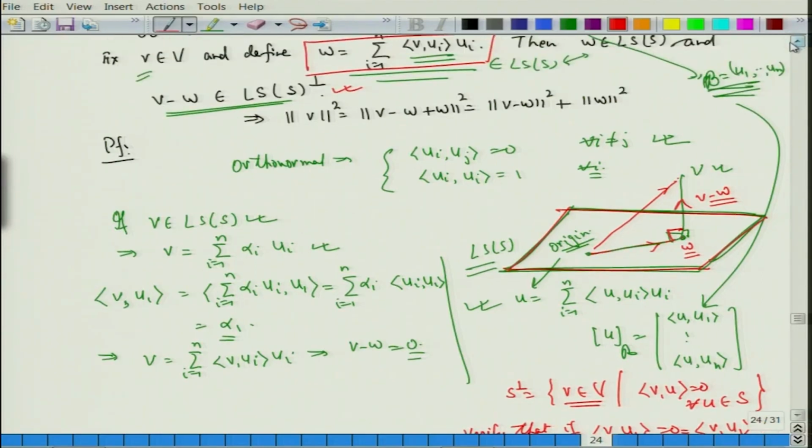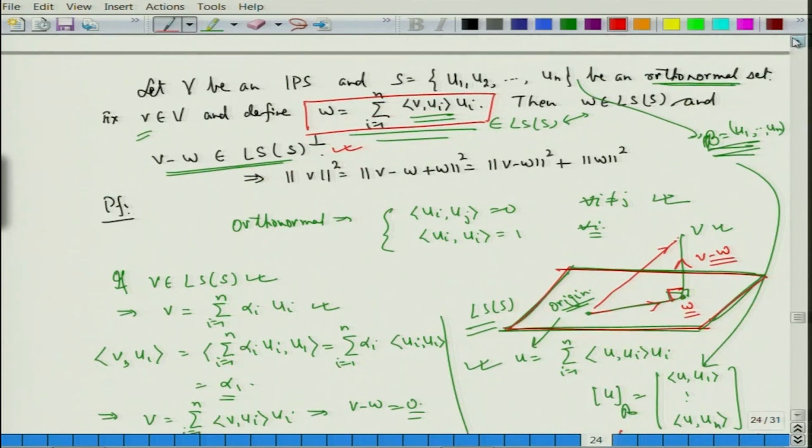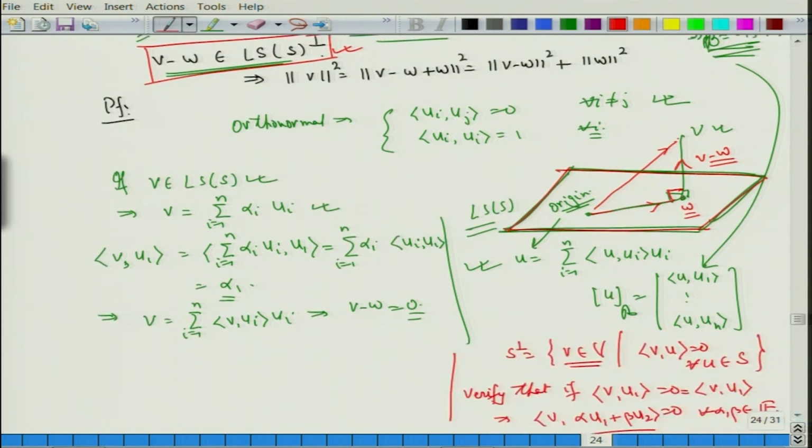So, what we are trying to prove here, let us look at it. We say here that this belongs to this, that is by definition itself, because it is a linear combination. I have to prove that V minus W is perpendicular, alright. So, what we will show is that V minus W is perpendicular to all the elements of S. We are not going to prove it for every element of the linear span, we will just prove it for every element U1, U2, Un, and therefore, the remark that I just gave will imply that it holds for everything.